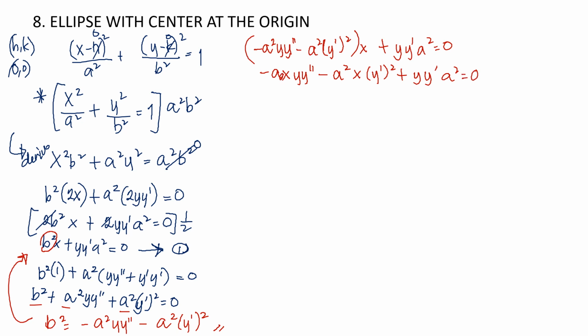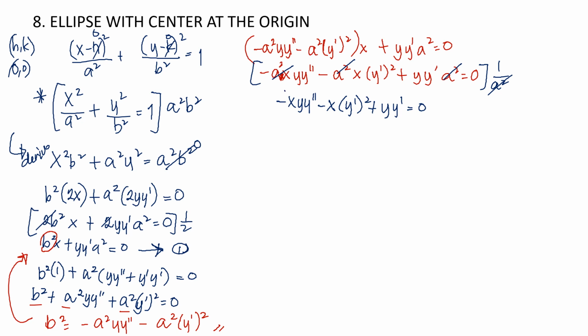So, pwede nating tanggalin si a squared, since a squared is common on all our terms. So, we can divide by a squared. So, a squared will be cancelled out. So, ang matitira is negative x y double prime minus x y prime squared plus y prime is equals to 0.